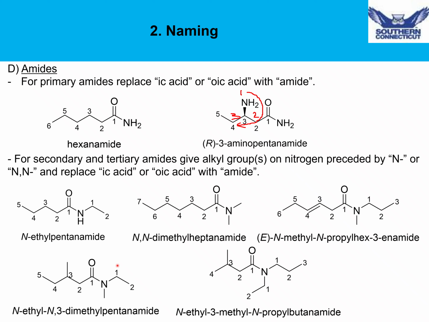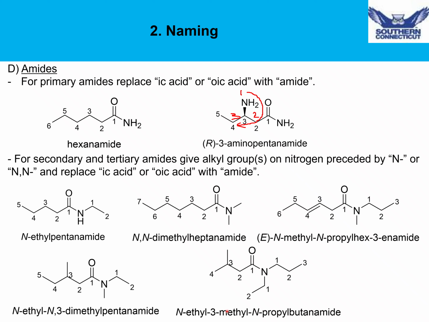In this example, we have an ethyl group, so that goes before methyl. So we would name this as N-ethyl, and then N,3-dimethyl. So N and 3 say that we have a methyl on carbon 3 as well as on the nitrogen. And lastly, the parent name of this compound has 5 carbons, so this is named as a pentanamide.